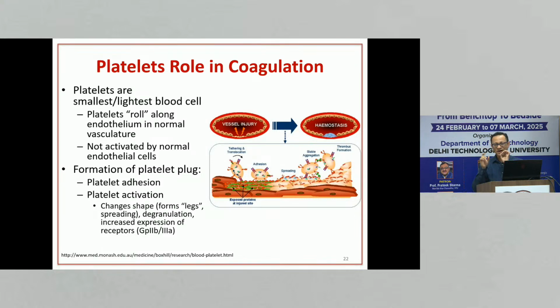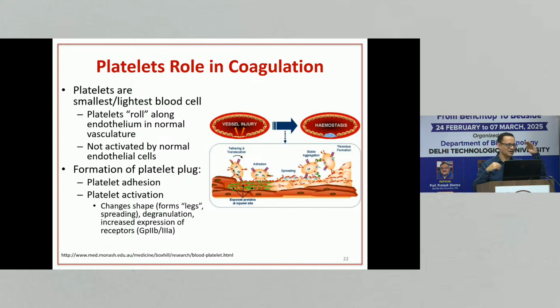So imagine one platelet that is 2 to 5 micron in size can have 40, 50, 60,000 GP2B3A receptors on it. You can imagine nature has designed platelets so well that there is no way to miss the receptor, because these receptors bind to fibrinogen, the protein that's acting like a glue between other platelets.